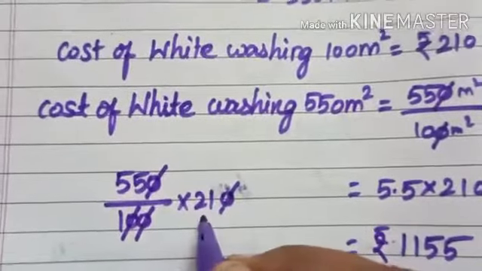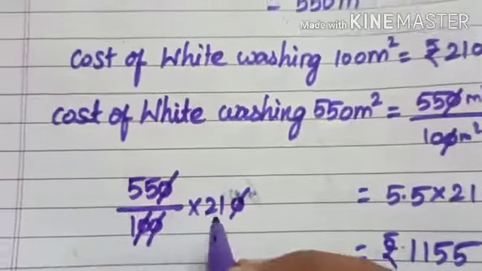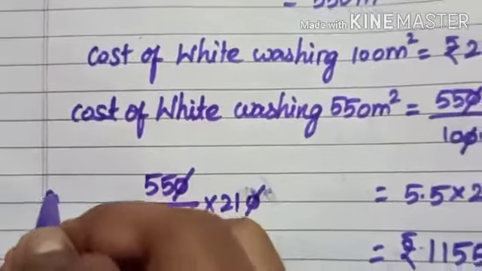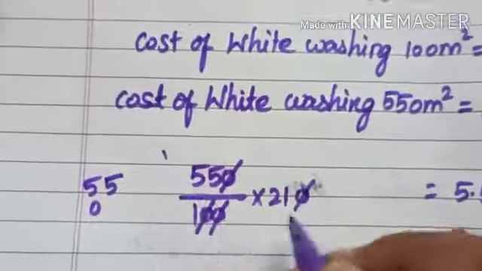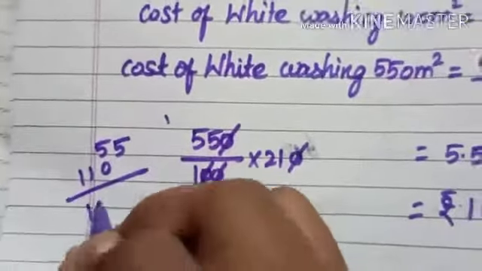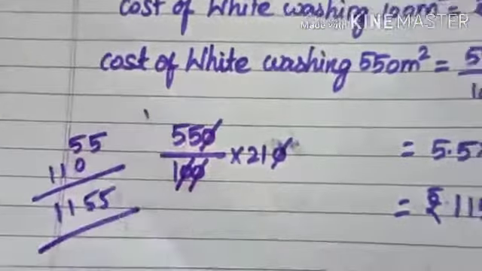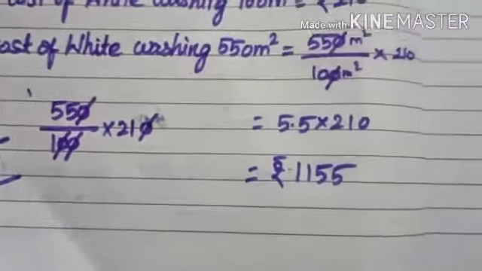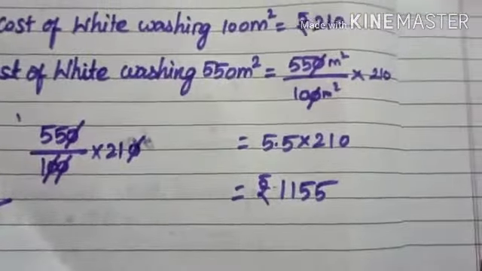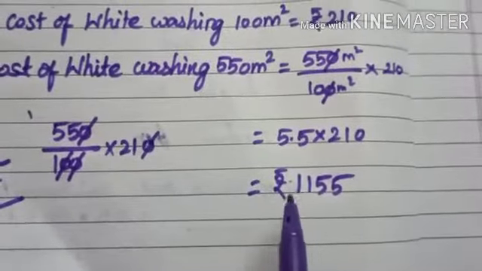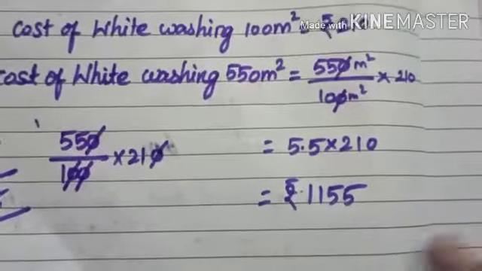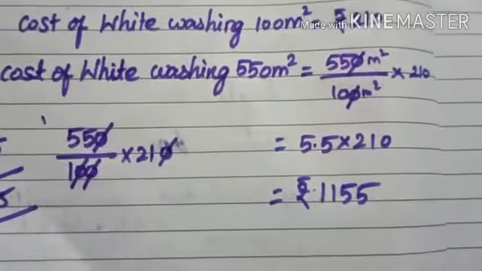Now multiply 55 into 21: 1 into 55 is 55, and 2 fives are 10, remaining 1, 2 fives are 10, 11. So you get 1155, same value. Whichever way you cancel, the answer is the same. So the cost of whitewashing this conical tomb is rupees 1155.